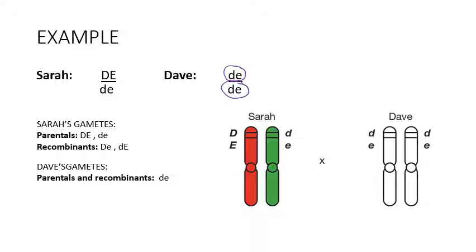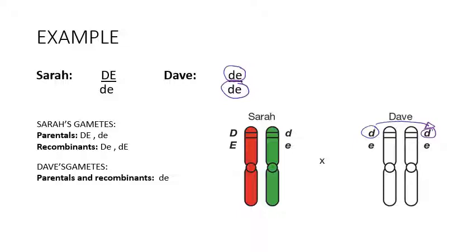Even if crossing over did happen and this lowercase d swapped with that lowercase d, he's still going to pass on a lowercase d and a lowercase e. So he can only pass on the lowercase d, lowercase e combination to his children.